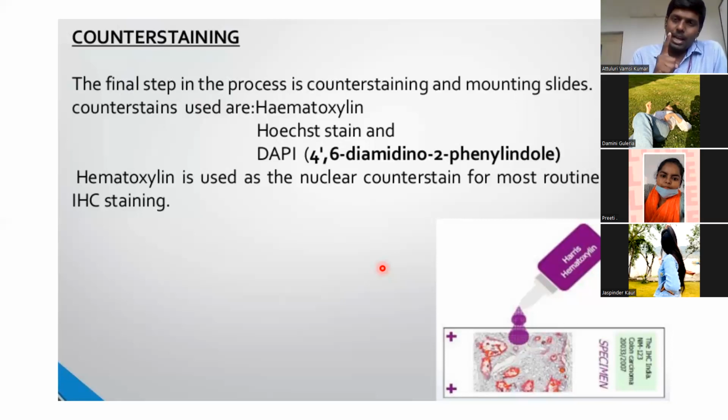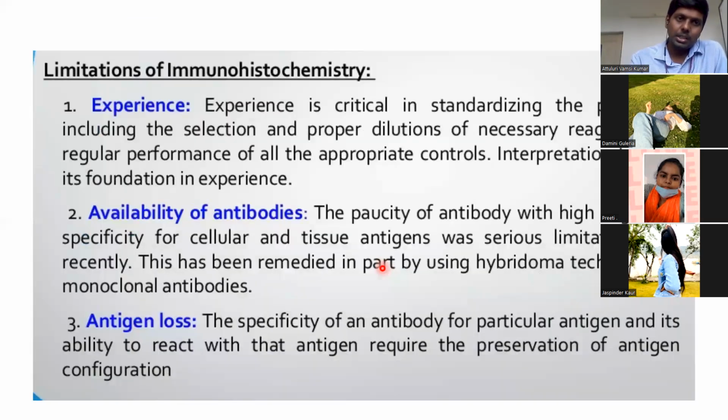If my specific antigens are destroyed in the process of heating, in the process of antigen retrieval, then my test will be useless. There is a chance of antigen destruction in immunohistochemistry. Very small antigens, peptides with very small molecular weight, cannot be stained in immunohistochemistry because small peptides can be easily destroyed by heating. So that is one limitation.